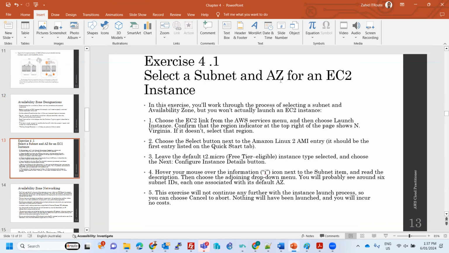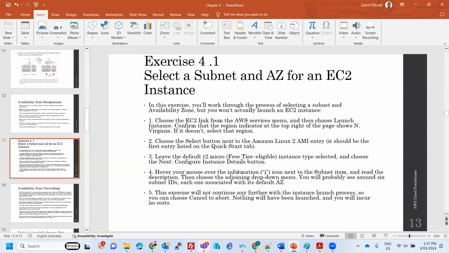This one is saying select a subnet and AZ for an EC2 instance. In this exercise, you'll walk through the process of selecting a subnet and availability zone, but you won't actually launch an EC2 instance. Choose the EC2 link from the AWS service menu and launch instance. Confirm the region indicator at the top right of the page showing North Virginia. It's just saying how to select the locations. Choose the select button next to the Amazon Linux 2 AMI entry and leave the default T2 micro free tier eligible instance type selected.